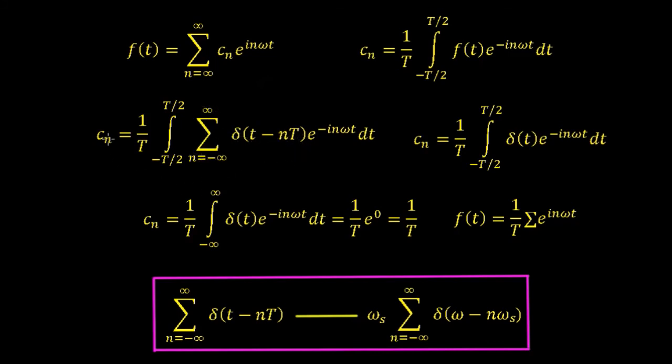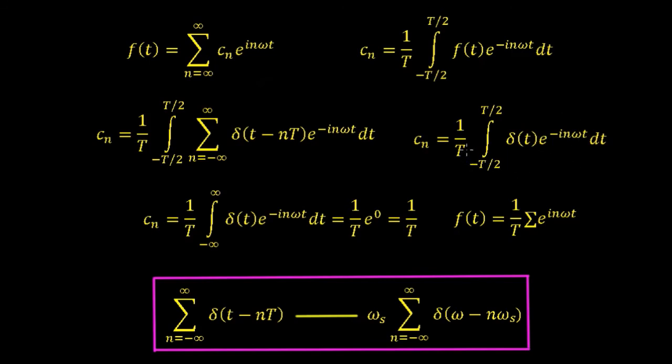This looks a bit scary, but it actually simplifies quite simply, because if you note that this range, T upon 2 to minus T upon 2, only includes one impulse, the one at the origin, the minus nT section can just disappear, and we're not bothered about any of the rest of the impulses. So this simplifies to the integral from minus T upon 2 to T upon 2 of delta(t) e to the minus i n omega t dt.